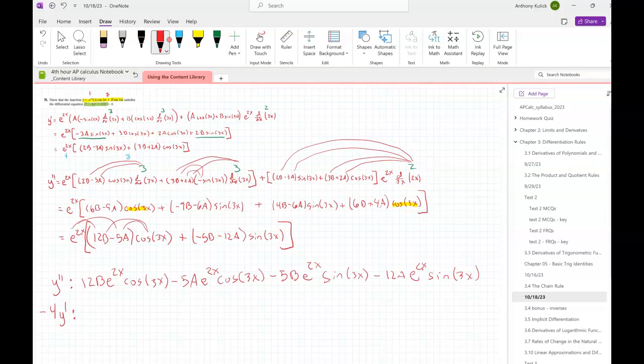So I'm going to take my y prime and do the same thing, multiplying by negative 4.